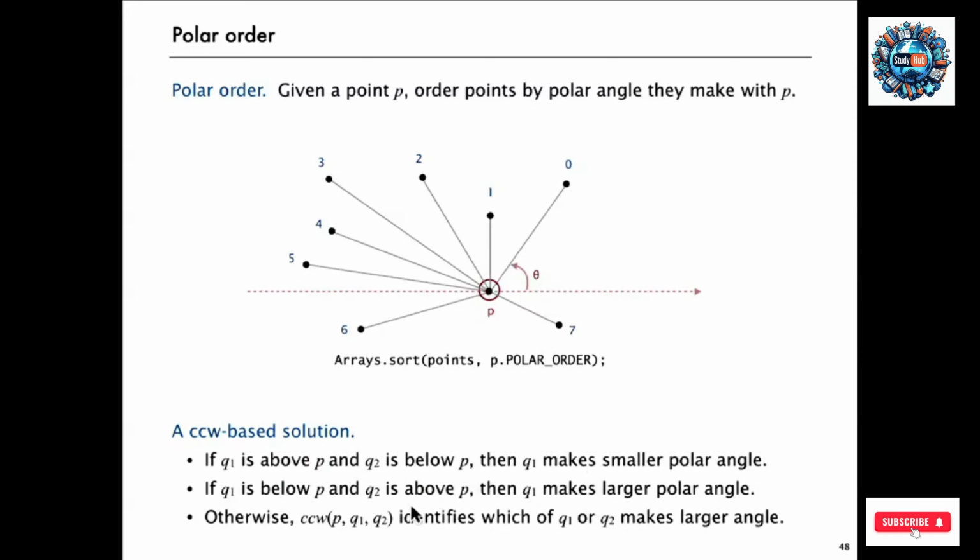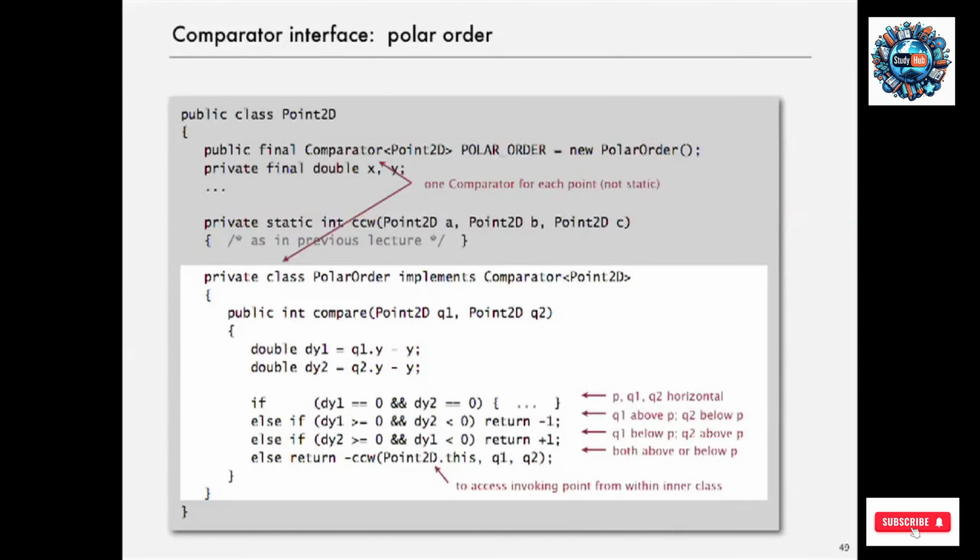Most of the time, all you need to do is do the CCW of the two points, but you do have to check whether one of the points is above P and the other one is below. But otherwise, usually it's a CCW call. And this code, which again I won't go through in detail, is an implementation of a comparator for 2D points.